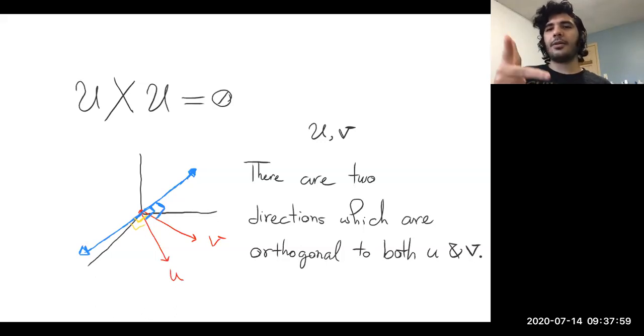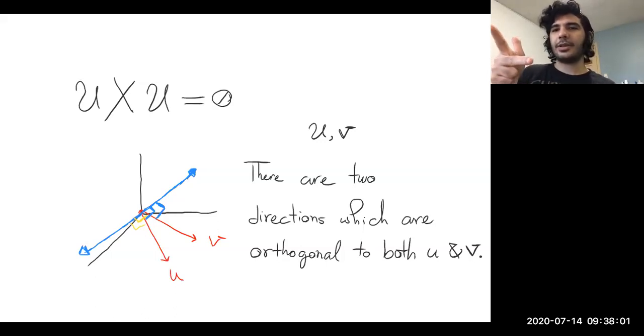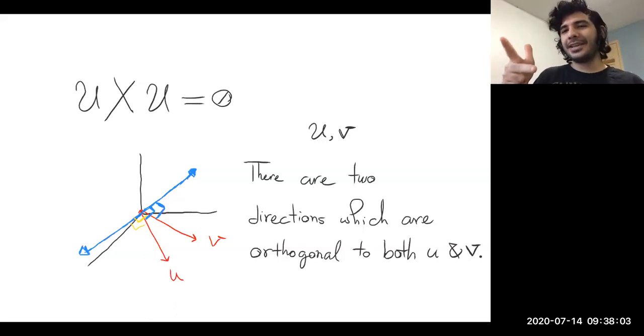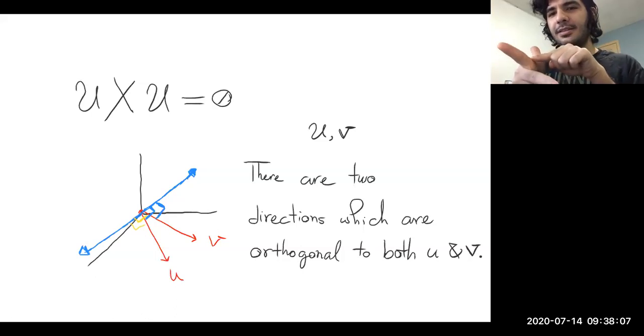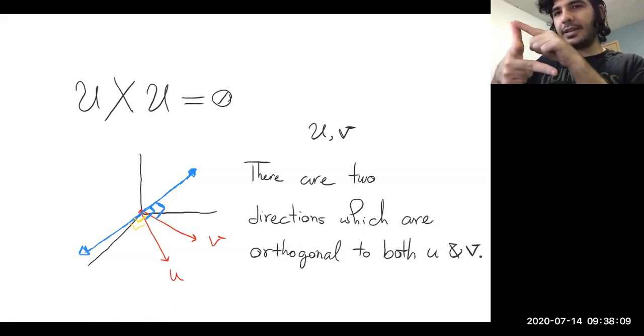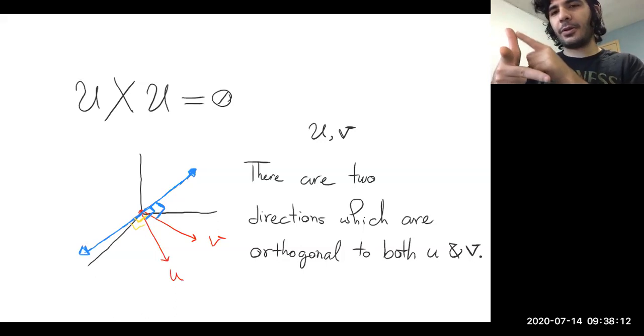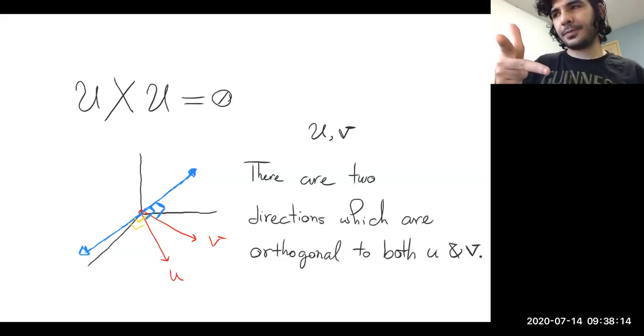Actually, the thumb would be that third vector. You can do that at home. So if these two are two vectors, then there is a third vector which is orthogonal to both.